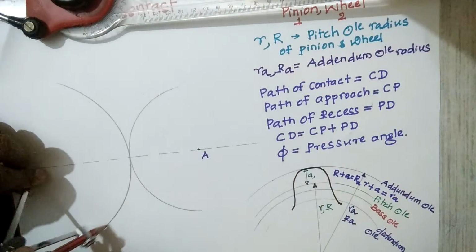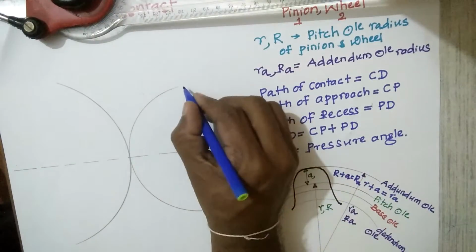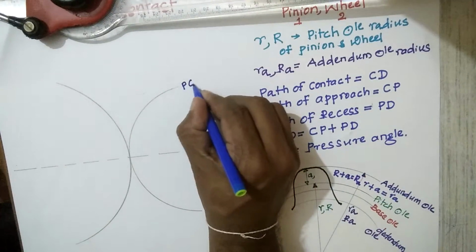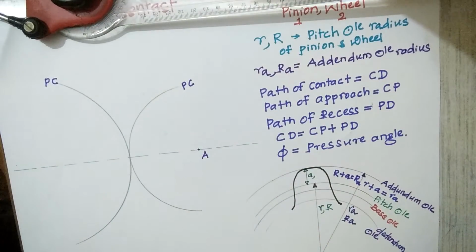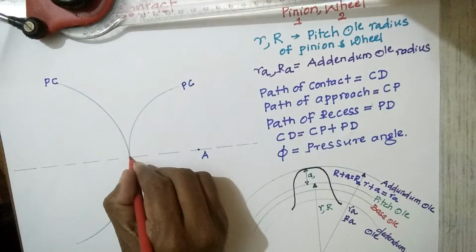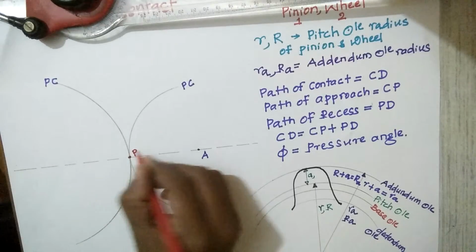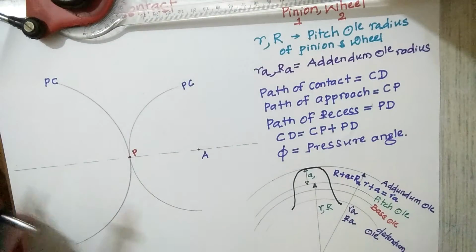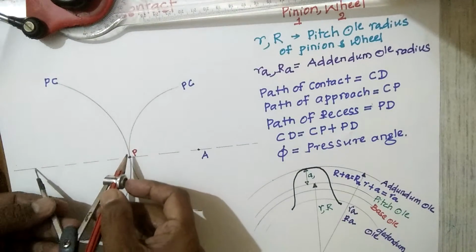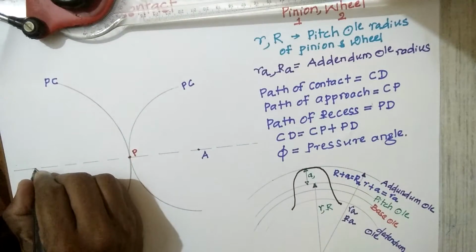I hope you are getting it. This is the pitch circle, and this is also a pitch circle. The intersection of the pitch circles is a point, which I'll represent as P, the pitch point P.